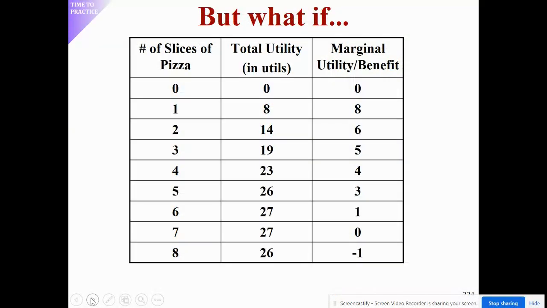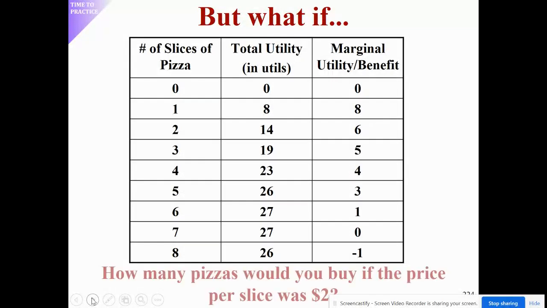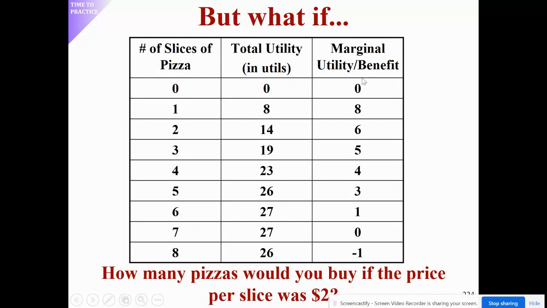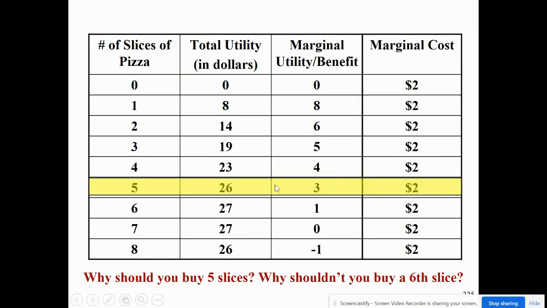But what if our marginal utility is a little bit different? For example, on this one here, we have a little bit different numbers. On the next slide, which is the same one, if the price was $2, we don't see any marginal benefit equaling $2, do we? The closest we get is $3 at the 5th piece, which is greater than the cost.